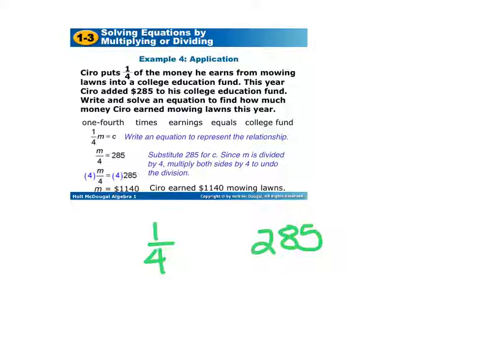It wants us to write and solve an equation to find out how much money Ciro earned mowing lawns this year. So the last thing we read is our variable, and that's going to be our letter M to represent the number of lawns mowed. So we want 1/4 of that amount, and it should equal $285.